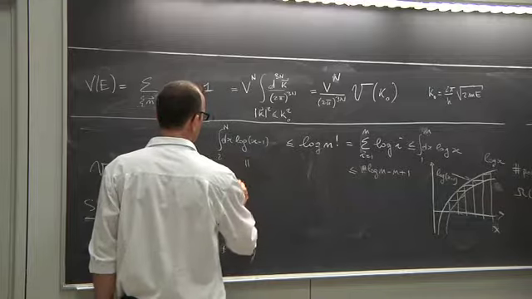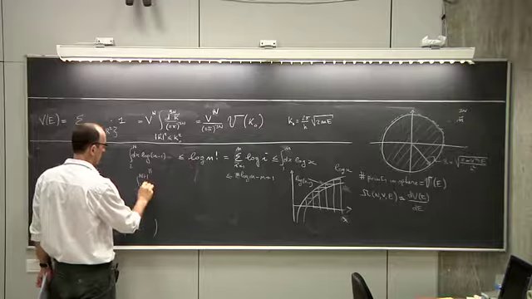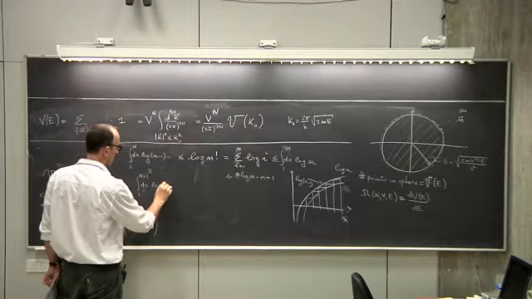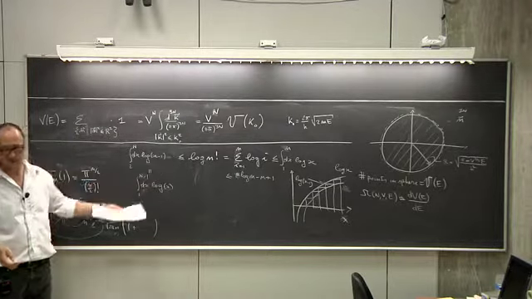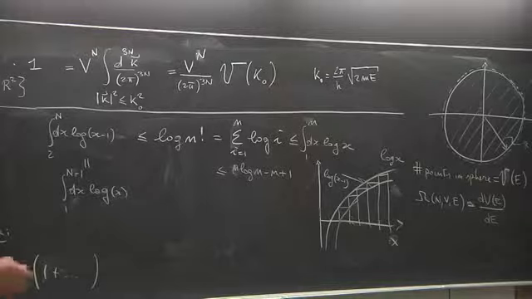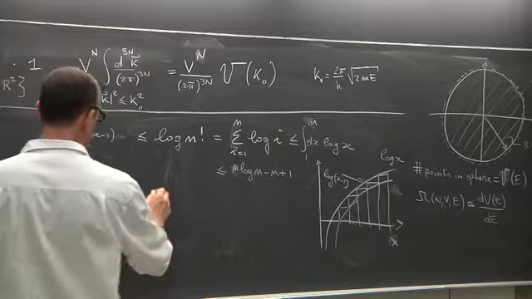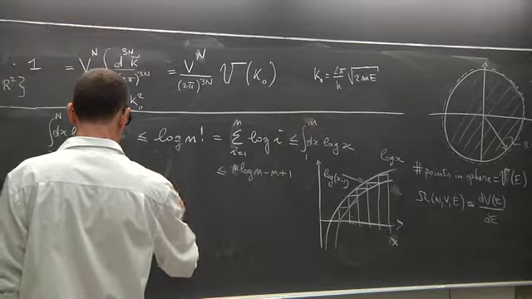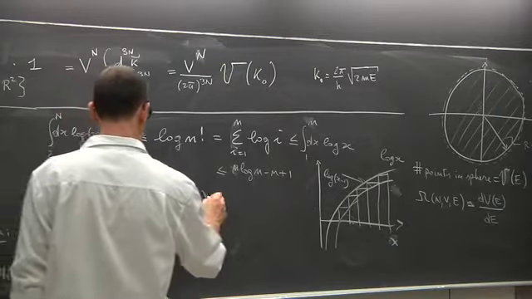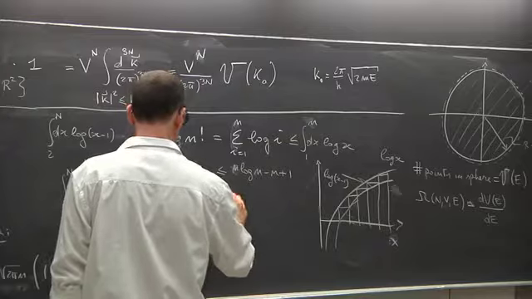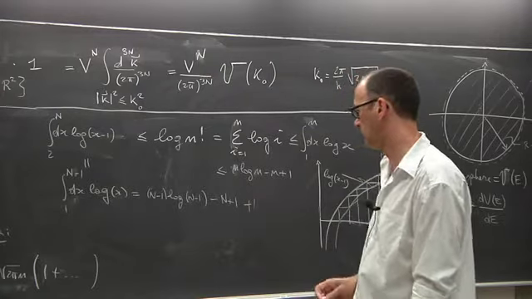But this is equal to the integral from 1 to n minus 1 of dx log x. You just change x minus 1 into x. And this is equal to n minus 1 log (n minus 1) minus (n minus 1) plus 1. Okay?